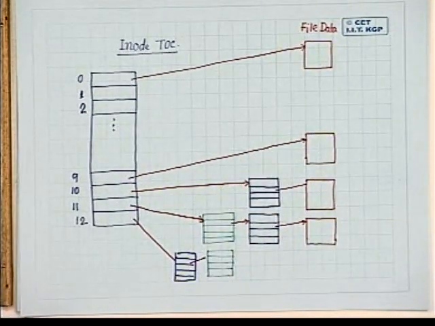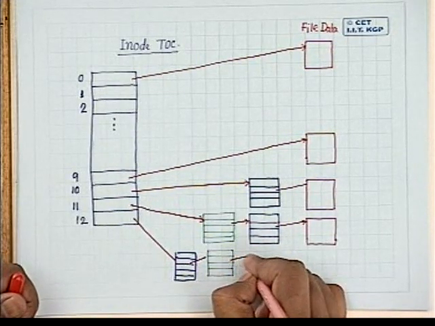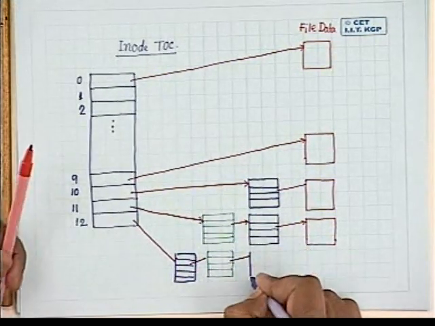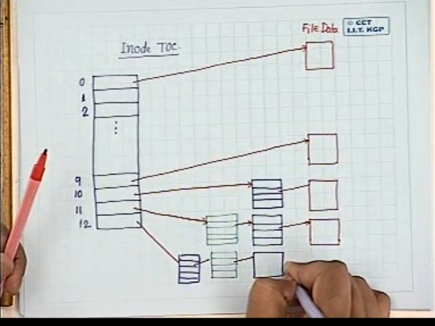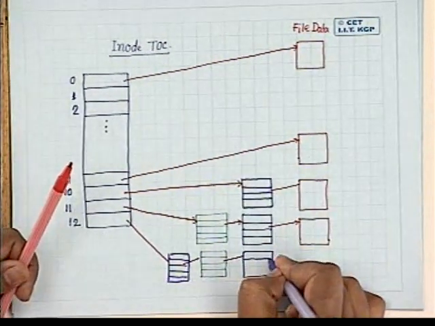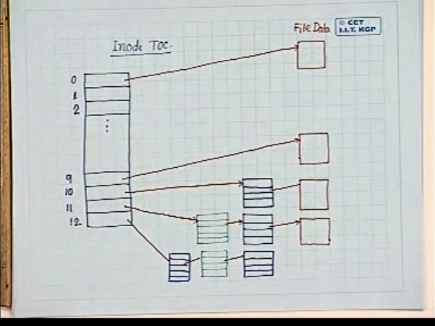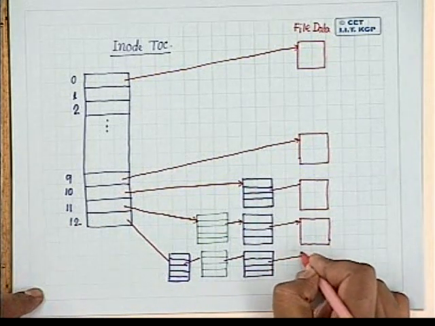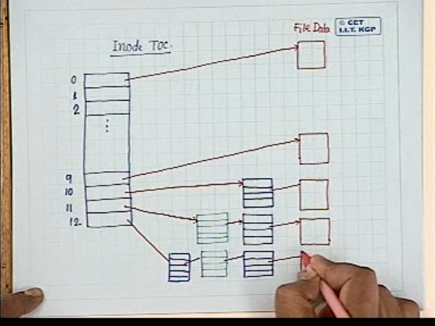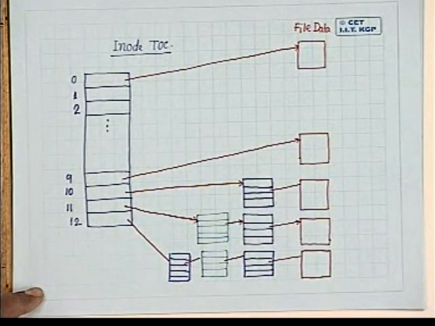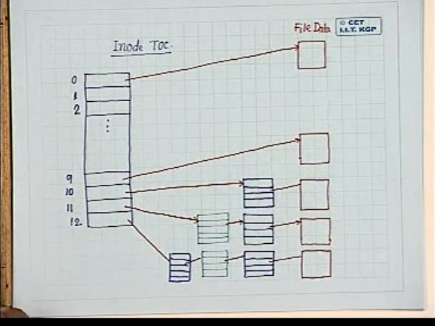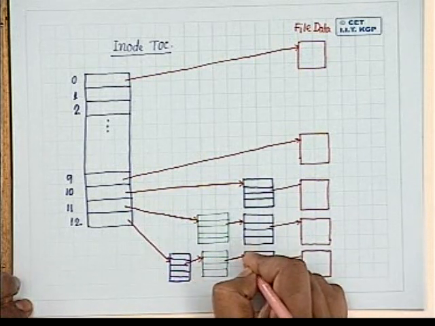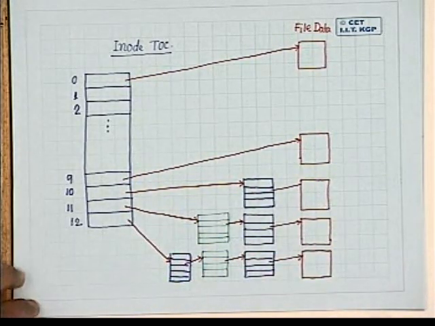Each of them will point to again a set of blocks which again will contain a set of pointers. Like this. And finally, these pointers point to blocks which contain the file data. So this is what is meant by direct pointer, single indirect pointer, double indirect pointer, and triple indirect pointer.